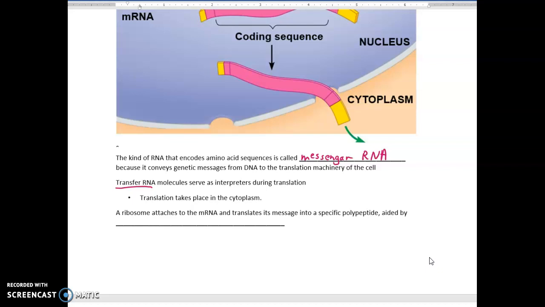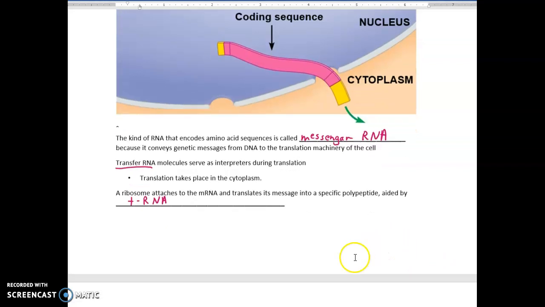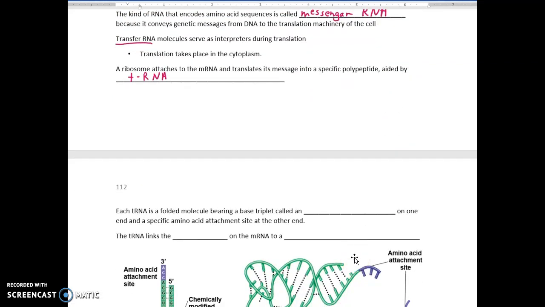So the ribosome is going to attach to the mRNA, and it's going to translate the message into a particular peptide, and this is going to be aided by tRNA, or transfer RNA. tRNA is going to function by linking a particular codon on the ribosome, on the mRNA, to a particular amino acid.